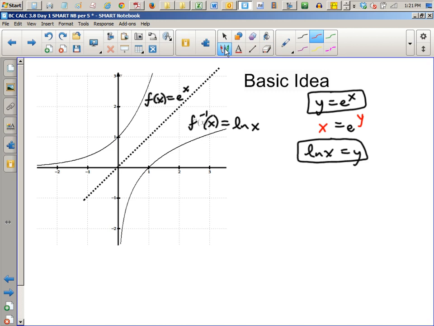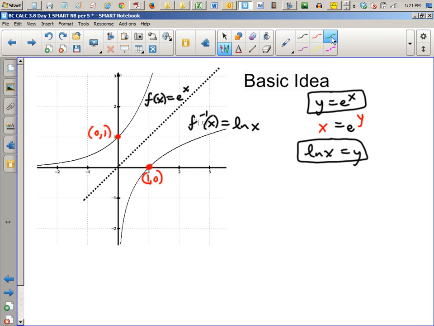Why don't we talk about this point right here? What are the coordinates of that point? 0, 1. When reflected over the y equals x line, that point lands right here. What are the coordinates? 1, 0.